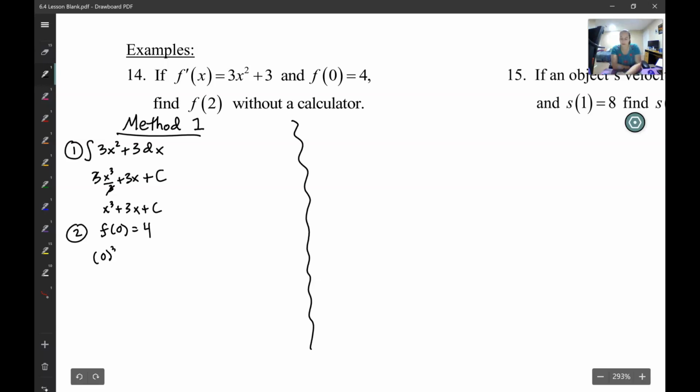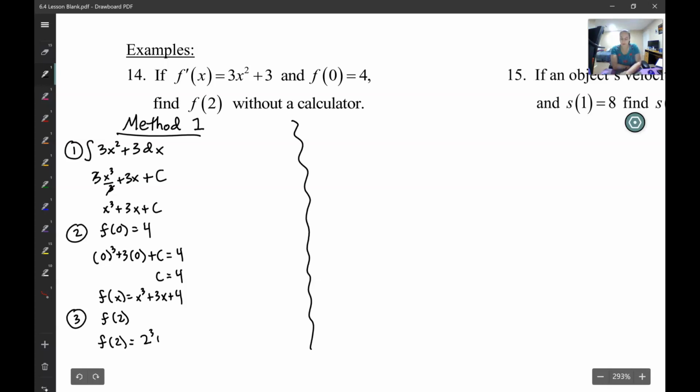So 0 cubed plus 3 times 0 plus c equals 4. So now I know c equals 4. So now I have my equation, x cubed plus 3x plus 4. And then step 3, now that I have an equation, I can find f of 2 by plugging it in.